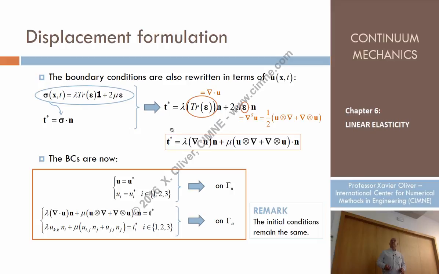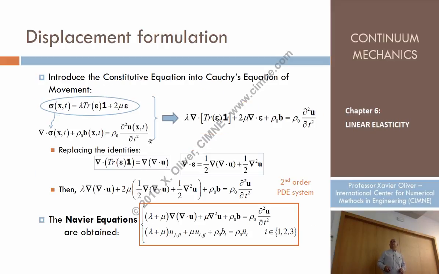Now we have a system of equations, what are called the Navier equations. So the Cauchy's equations, when rewritten in terms of the displacements, are termed Navier equations. Probably the name of Navier is familiar to you. Navier, the famous Navier that you know from the equations of Navier in the strength of materials.